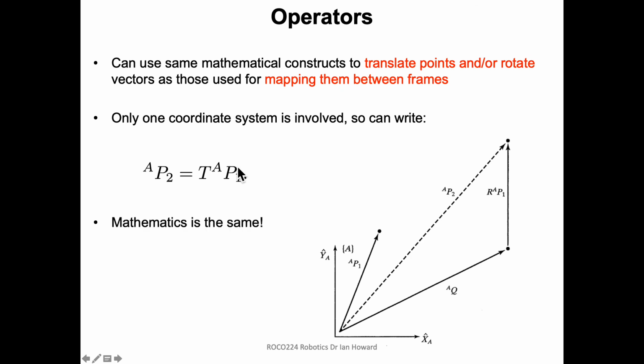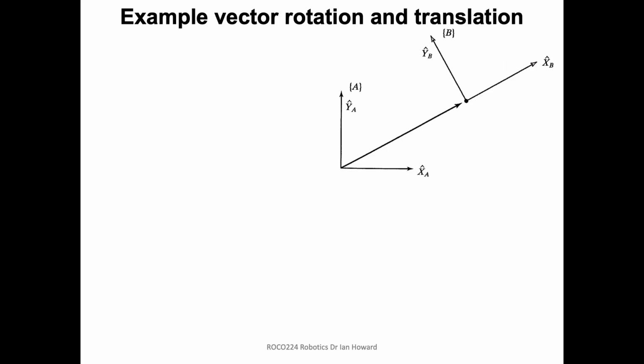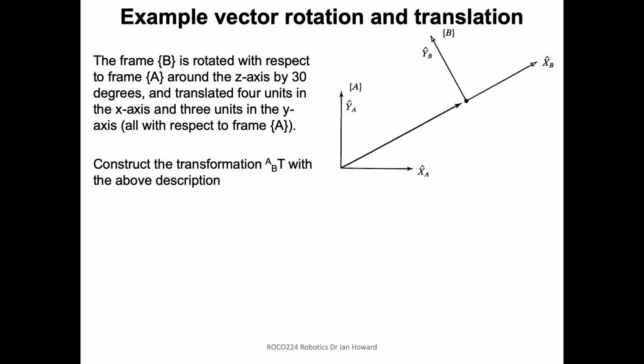That's what we're saying there. So here we're being asked, the frame B is rotated with respect to frame A by 30 degrees around the z-axis, and then translated by 4 units in the x, 3 in the y. Right, let's build this transformation.